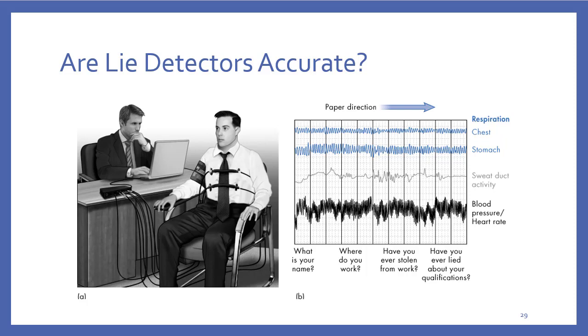It's also called a polygraph. Poly means many and graph means picture, so it's many pictures or many graphs that show you different types of functioning. In this example, from top to bottom, you have a chest EKG measuring chest activity in the heart, and you have stomach activity measuring changes there.